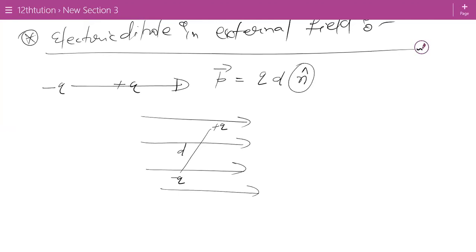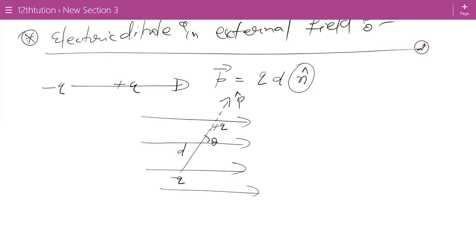So here also the direction of this will be P, P cap, the unit vector. And we are saying that this angle is theta: the angle between the electric dipole and the field is theta at some moment.